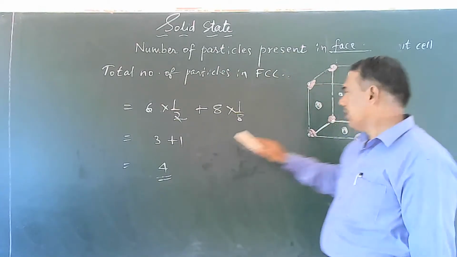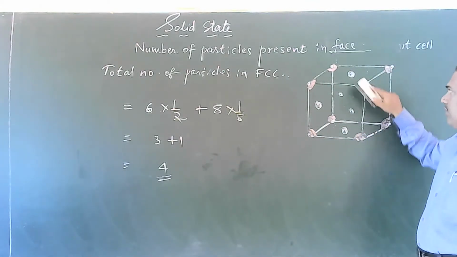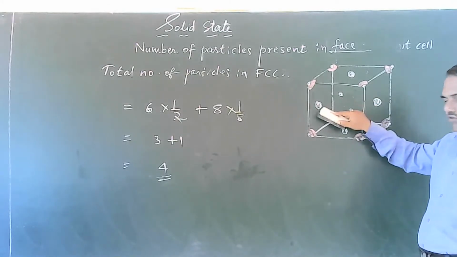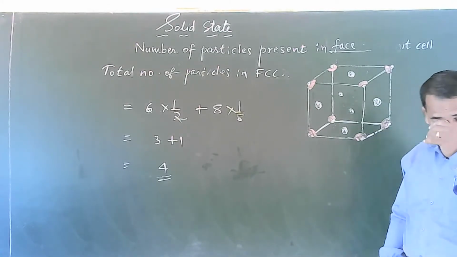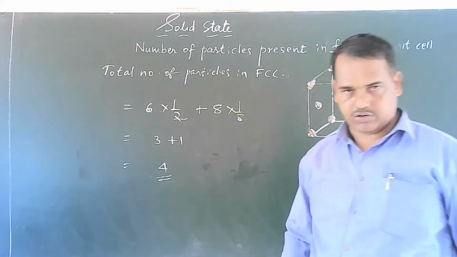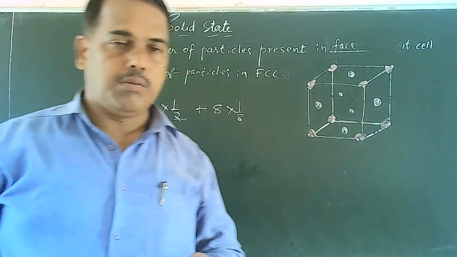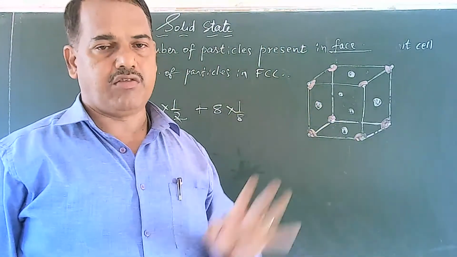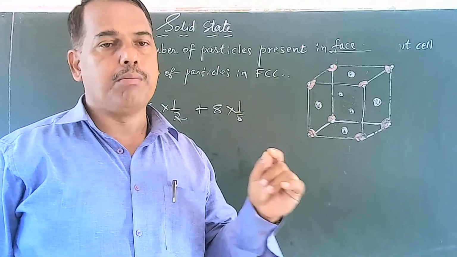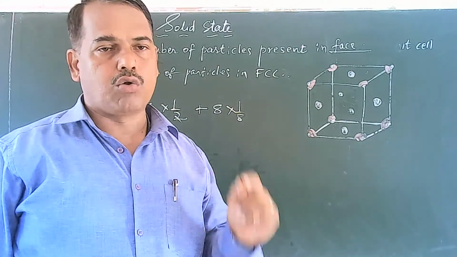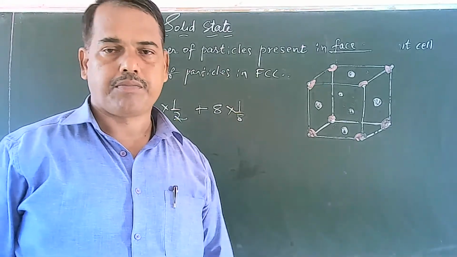Are you clear? And we can see the diagram. Very easily you can understand. See this one and these two, and this is another. Are you clear? So definitely you will get a 1 or 2 marks question: calculate the total number of particles present in FCC, or in BCC, or in a simple cube.